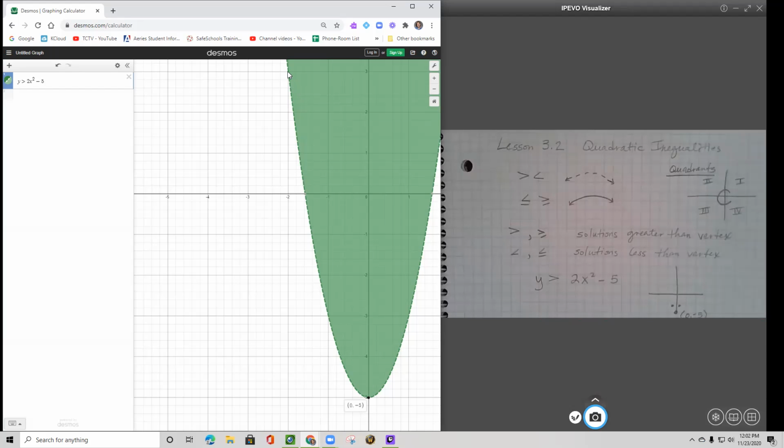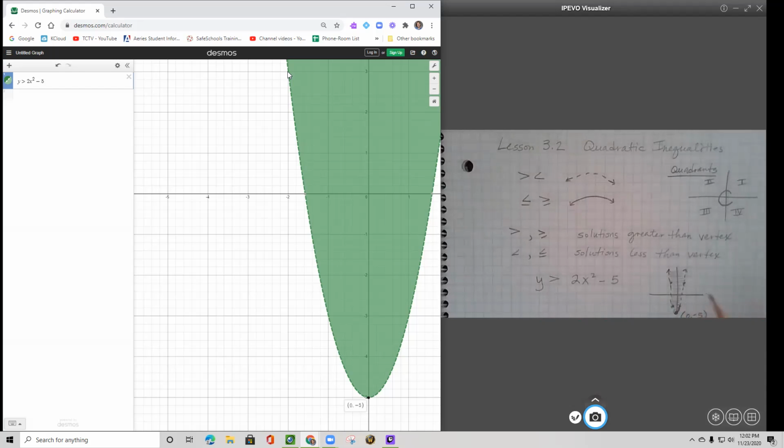Let's try this. -2, 3. About here. Okay, so I've got a curve and it looks like this, and my solutions are everything inside this because they're everything above the vertex.